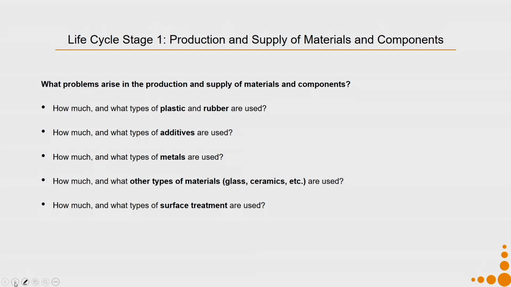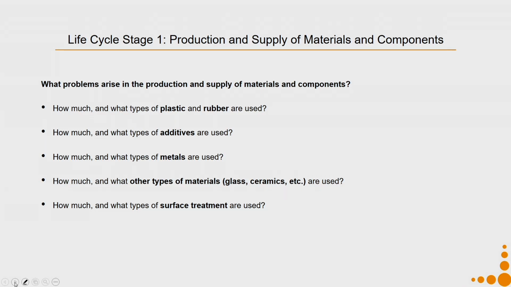Also, when I use certain kinds of inks, which are a surface treatment on top of paper or plastic, or I use some kind of surface treatment like powder coating on top of metals, I again create problems in recycling. Then, what is the environmental profile of the components, which we will determine from our IDMAT application?